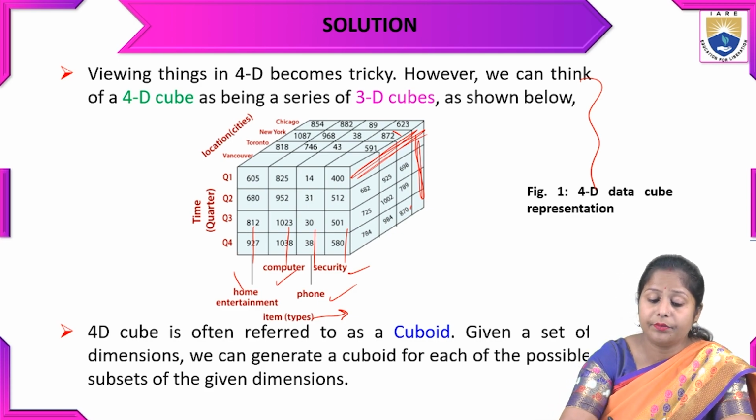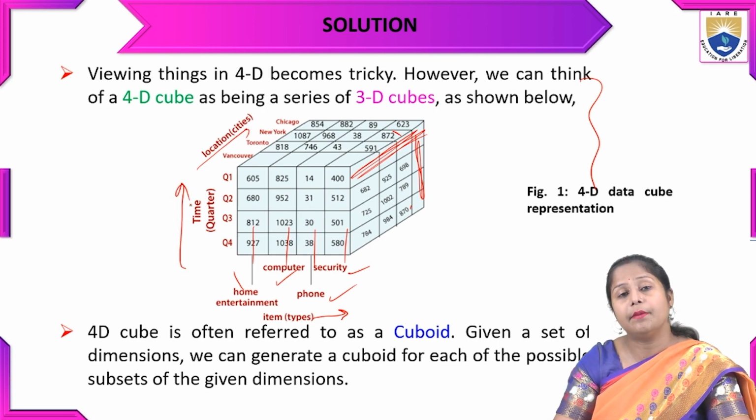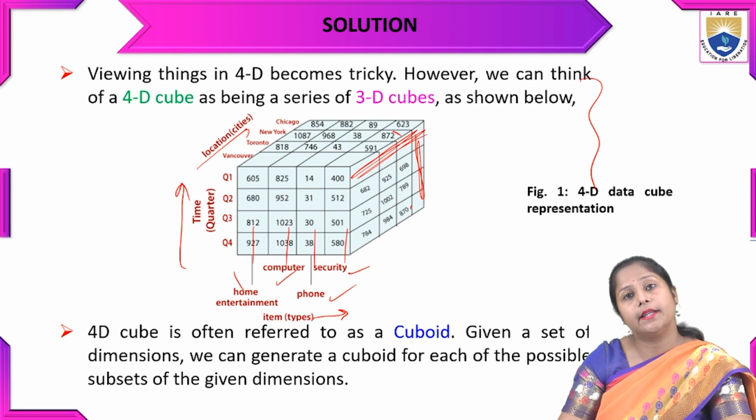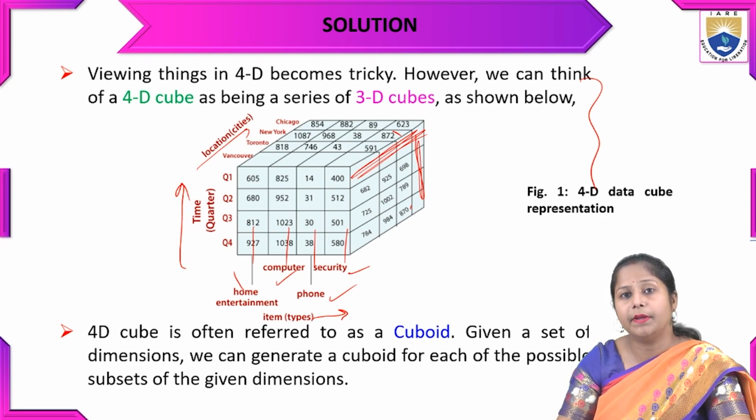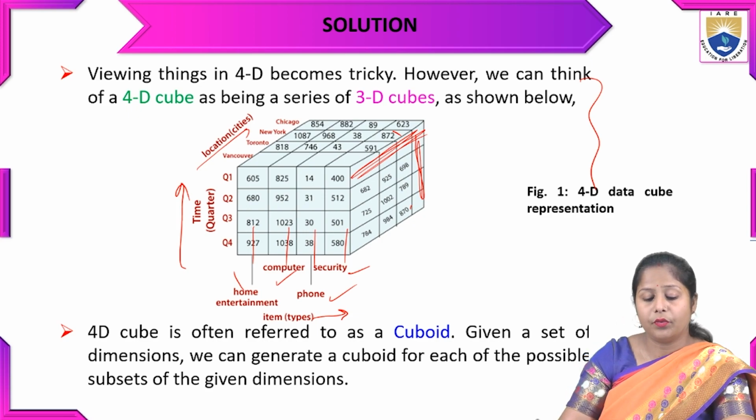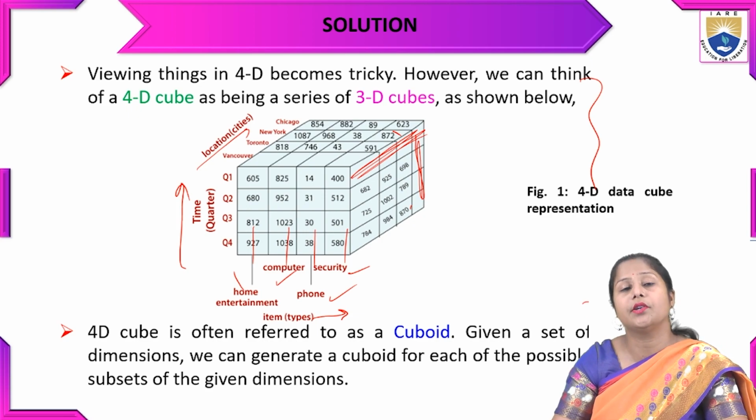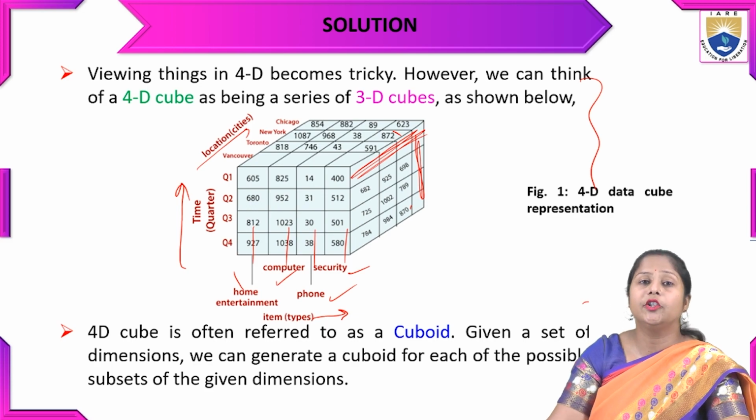On the other hand, we have location, city, and time in the form of quarter. Like this, all the facts will be stored here in the form of data cubes. Suppose this is the logical view. A 4D data cube is often called a cuboid.